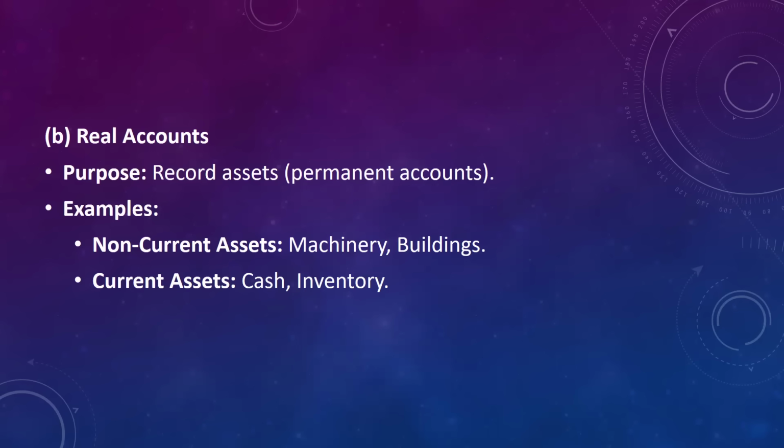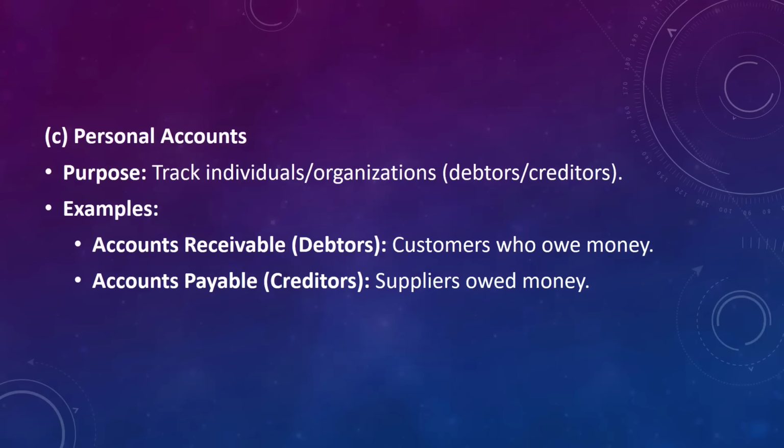And finally, you have your personal accounts. These are the accounts for people and businesses. It will mostly be your accounts receivable, that is the people that owe you money, and your trade payables, the people that you owe money to. Those are your personal accounts. You'll have individual accounts for each of them.